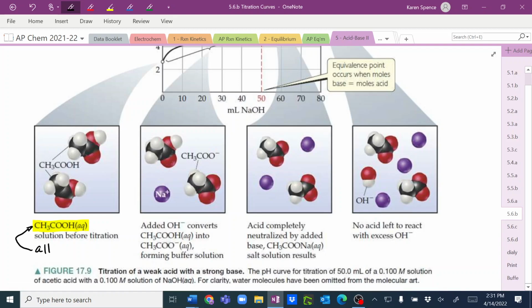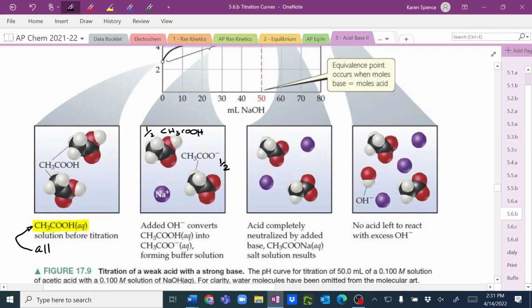Then we add OH, and we have converted, so half is the CH3COO minus, and half is the CH3COOH.